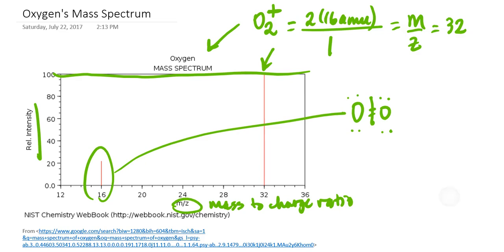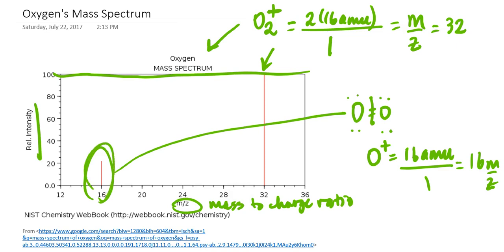If I do that, then I'm going to get monoatomic oxygen with a positive charge as well. Now, the formula mass for oxygen atoms is 16 atomic mass units. The charge on the cation that I created during the ionization process is 1. So that would mean that the mass to charge ratio for this particular particle would be 16. And so as a result, I have a peak for 16.